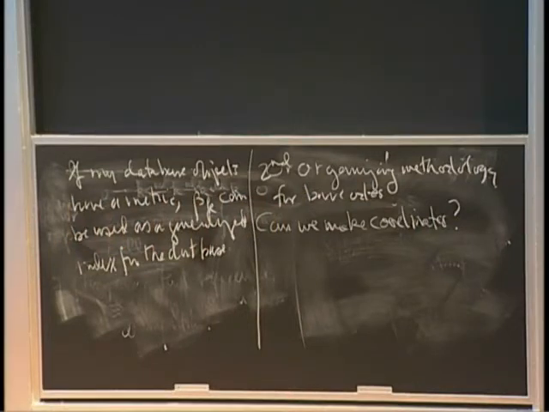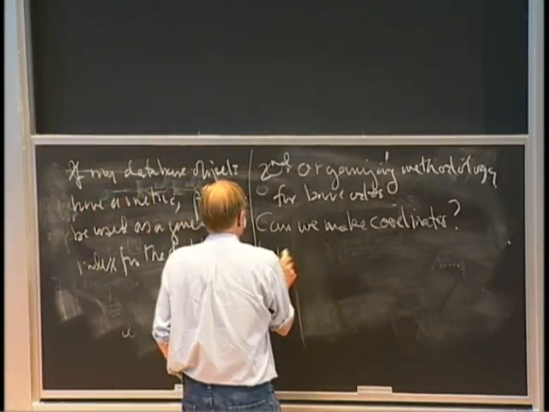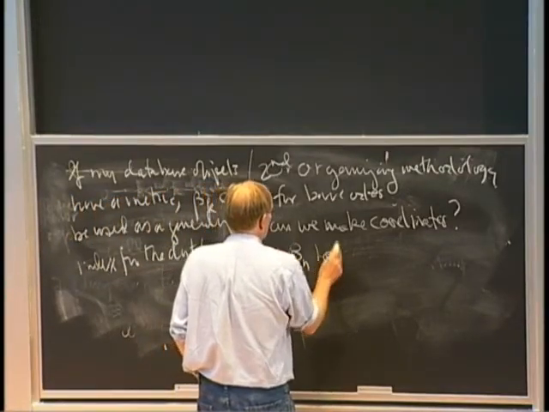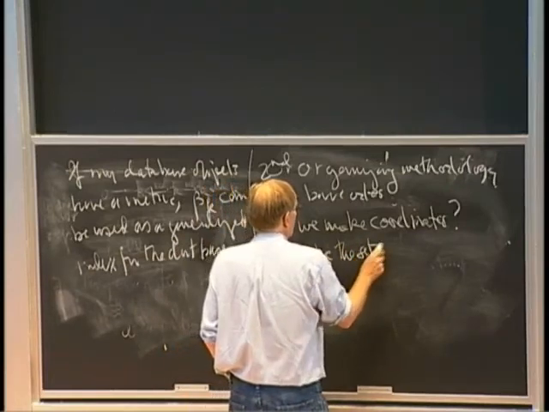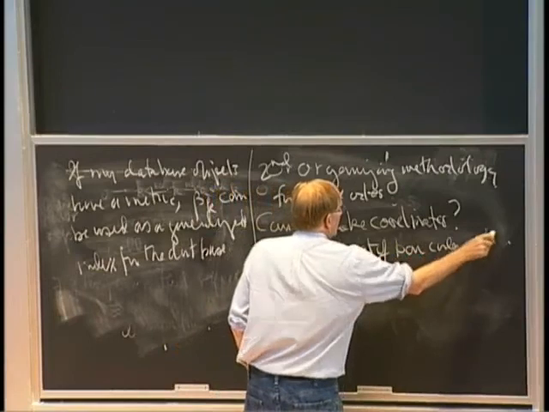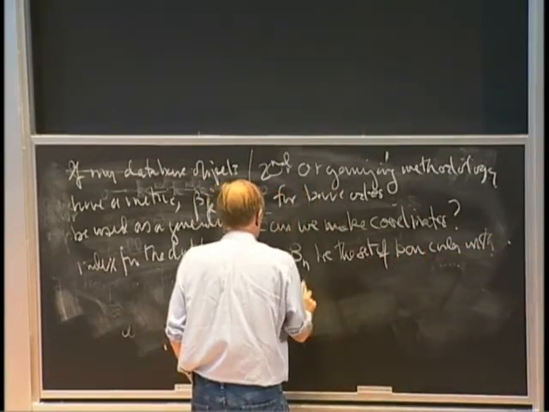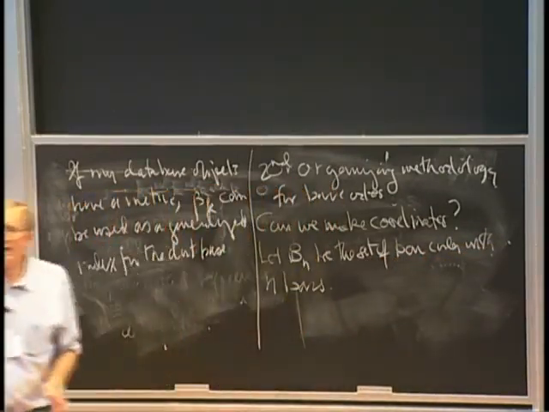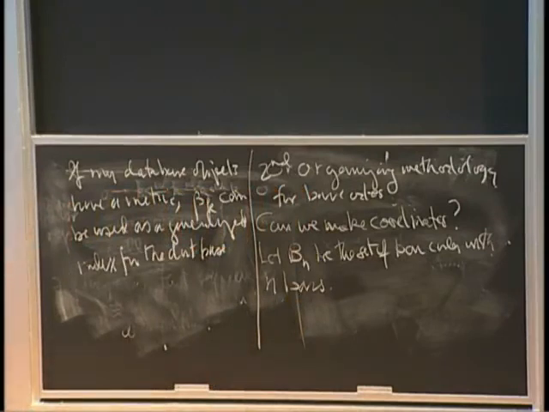Okay? So let's let B_n be that set. What does that mean I have? That means I have n intervals. It means I have a bunch of pairs of points, x1, y1, x2, y2, and so forth.